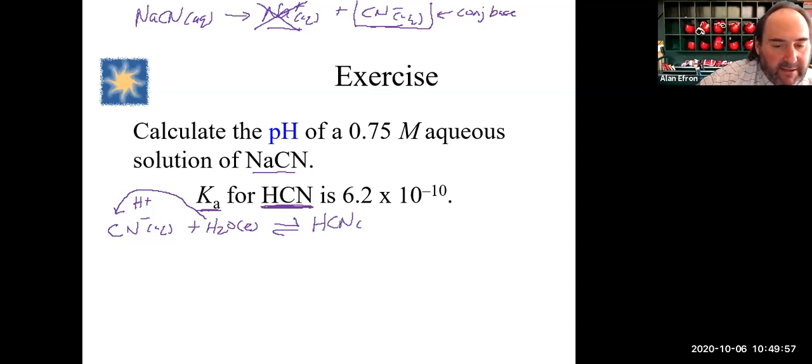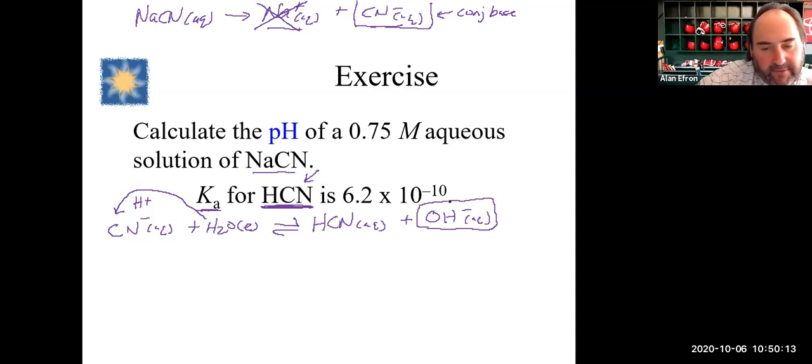So again, another big hint as to what should go on the product side there. And more importantly, when it does that, it is going to produce hydroxide. And again, also a super big hint. I now know that before I even touch my calculator, I should end up with a basic answer. Any questions on getting to that equation or writing that reaction?